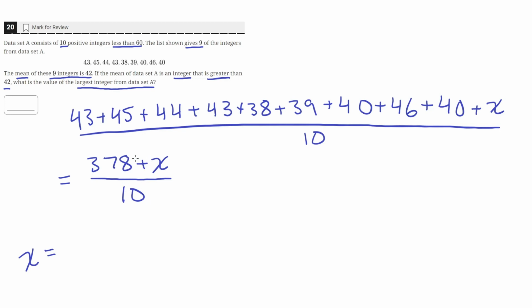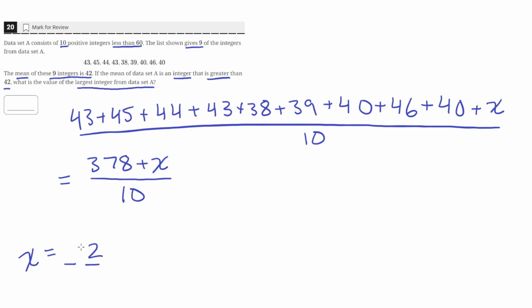And that's only possible when the numerator is a multiple of 10. And in order for this to be a multiple of 10, x has to be 2 in the ones place, because when we add 2 in the ones place to 378, we'll get some multiple of 10. So we'll put 2 in the ones place.